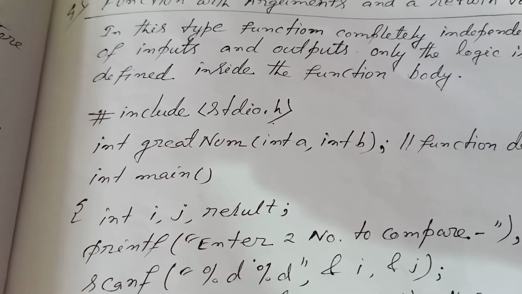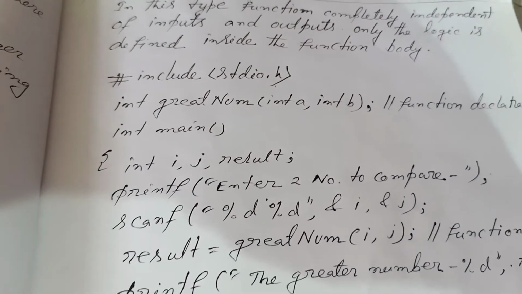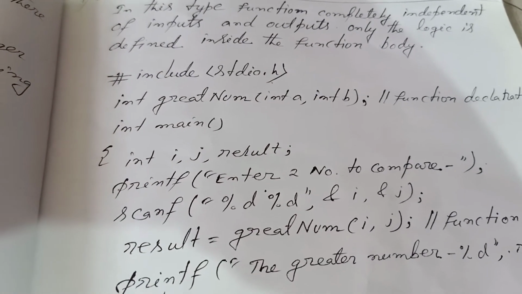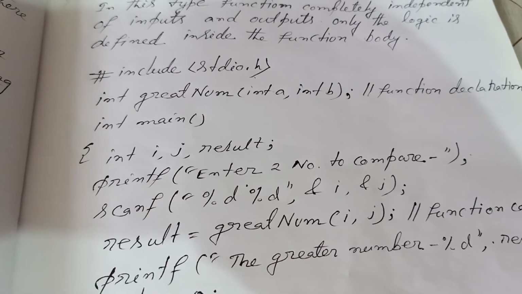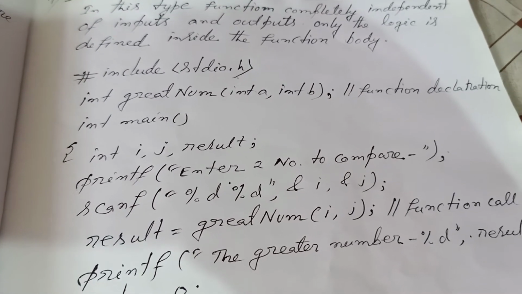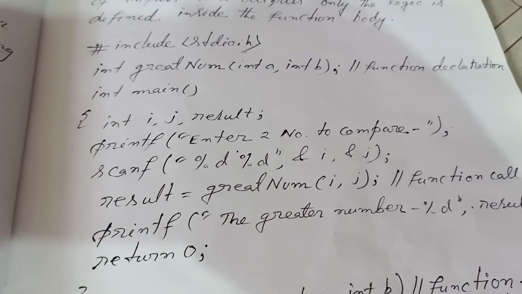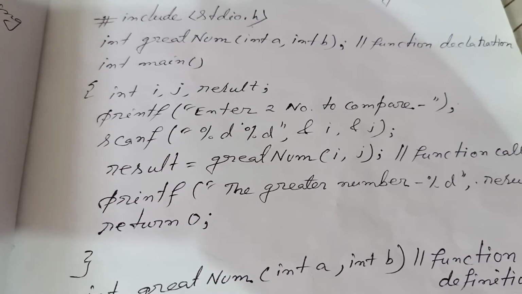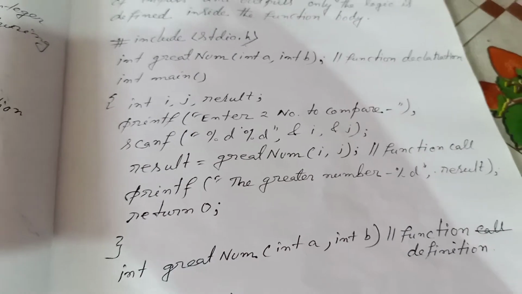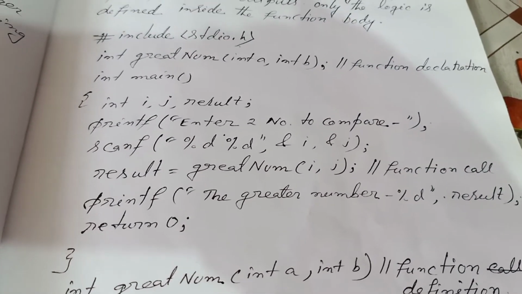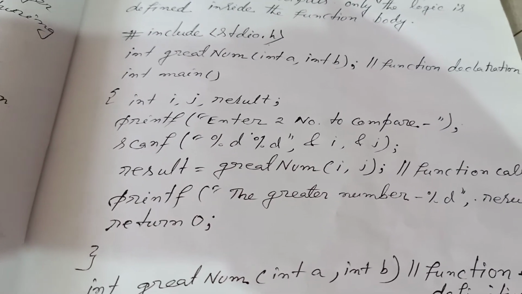The same example is used here. It starts with include stdio.h, int greatNum with the arguments int a, int b. It is the function declaration. Next, define the main function with the declaration int i, j and the result. Printf, enter two numbers to compare.